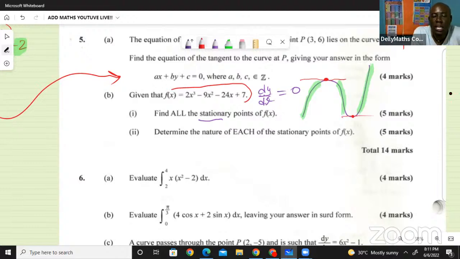So when we take the derivative and let it equal 0, we'll find the x values here and there. After you have found the x values, we substitute them back in the original to get the x and the y, which would be a point.